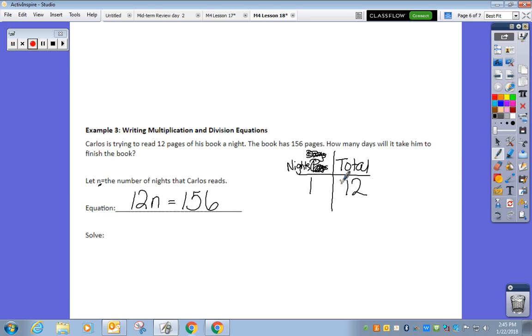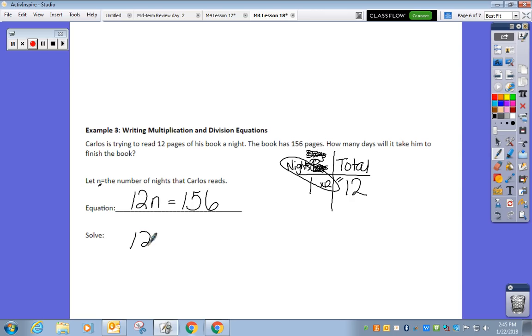So to get from 1 to 12, we multiplied by 12. Or we took our nights, multiplied by 12 to get our pages. And in this case, we know the number of pages for this certain time, so it would replace T for total, or however they would want you to write it. So you can use a table, just like we have with our ratio tables.